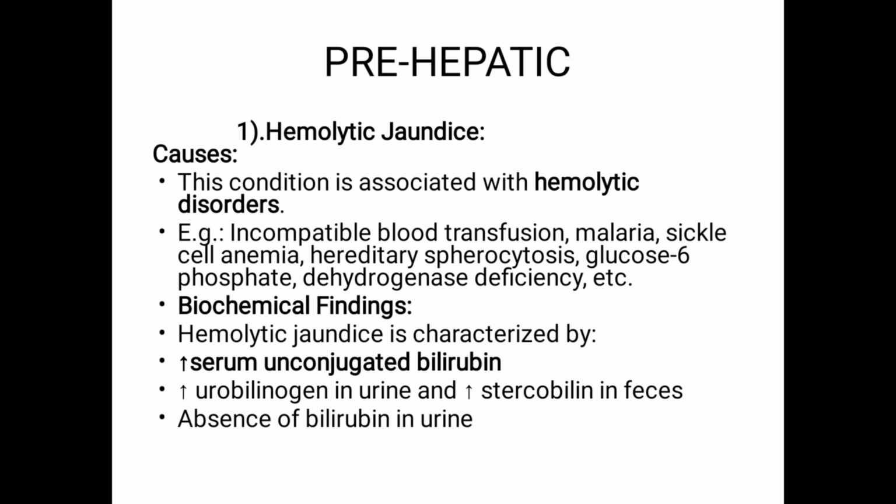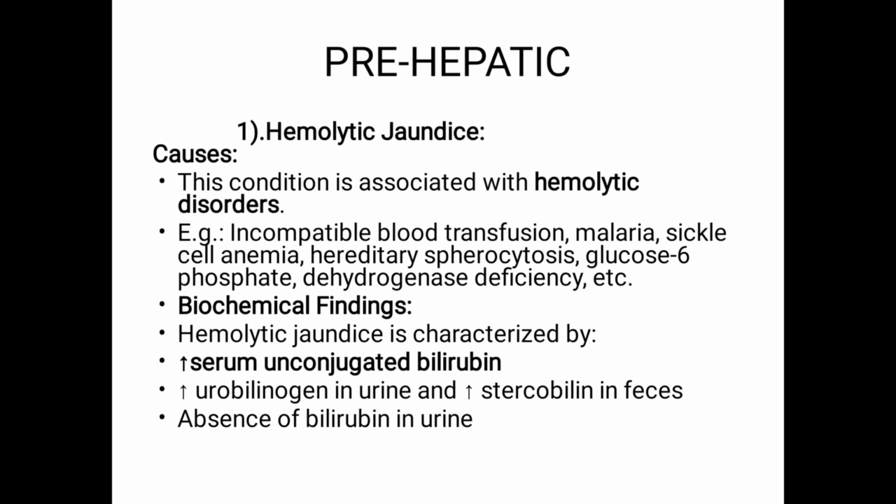Malaria, especially falciparum malaria, where there is hemolysis. Sickle cell anemia, hereditary spherocytosis, which is an RBC cell membrane defect, glucose 6-phosphate dehydrogenase enzyme defect. In these cases we can see excess hemolysis, where hemolytic jaundice is possible.